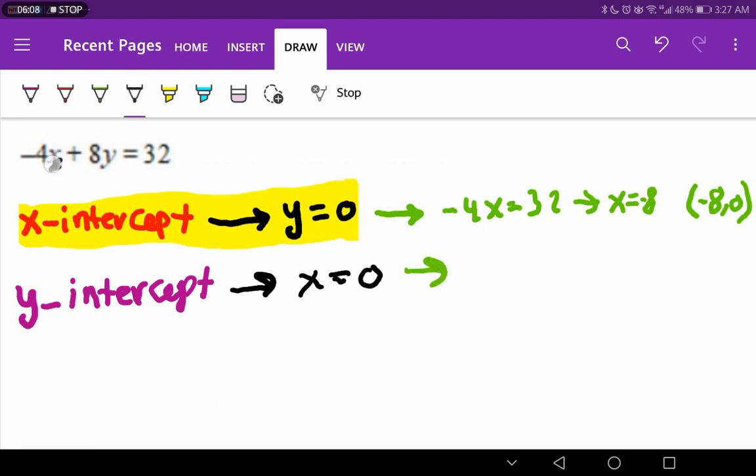You go to the equation and hide the x and its coefficient, and you write 8y equals 32, then y equals 4.